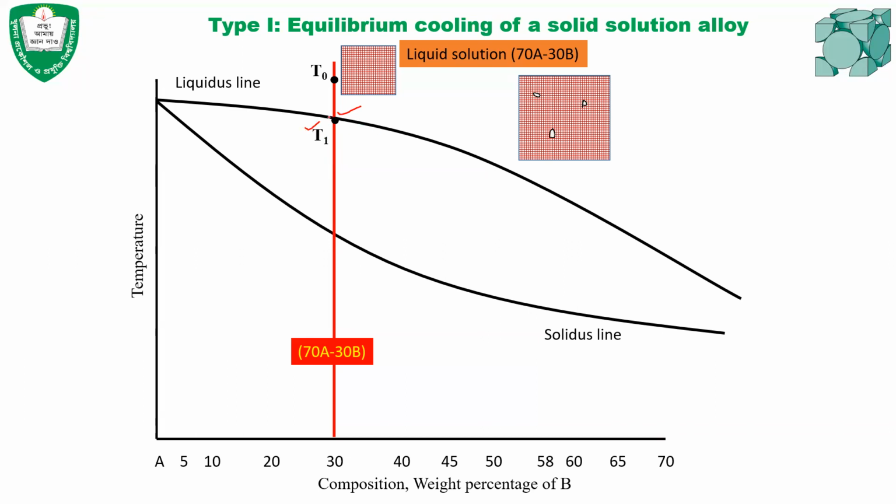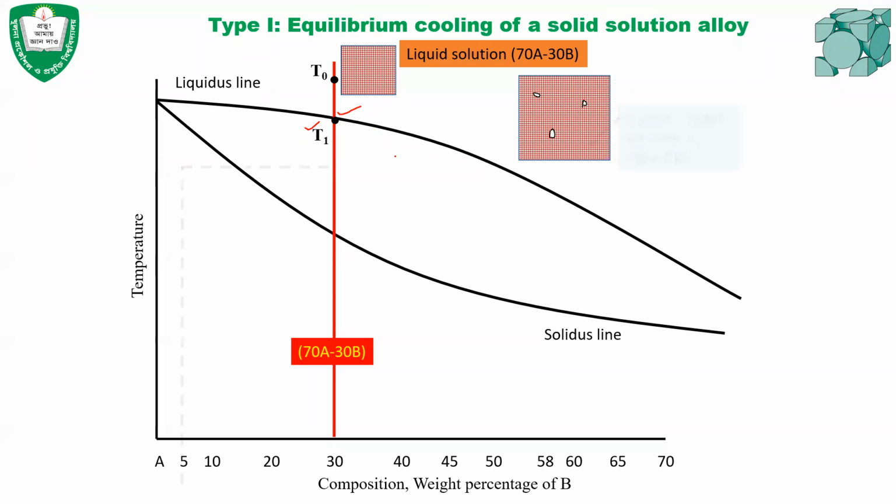Since the temperature has crossed the liquidus line, the alloy starts to solidify and it will form some solids or nuclei or some dendrites of the solid, and there will be some liquid present, and also there will be solid. But how much solid is formed, or what is the composition of the solid just below the liquidus line?